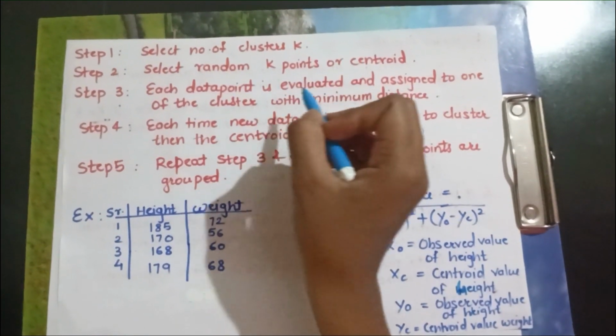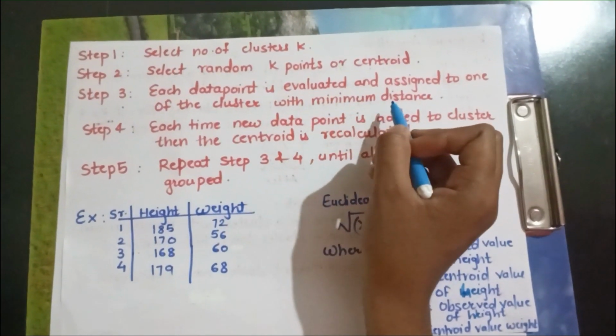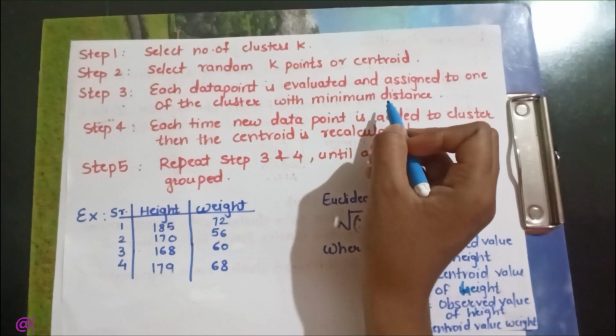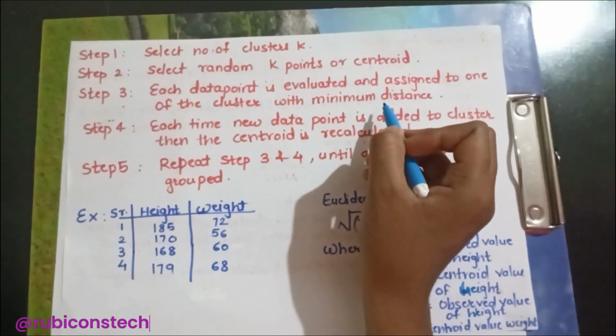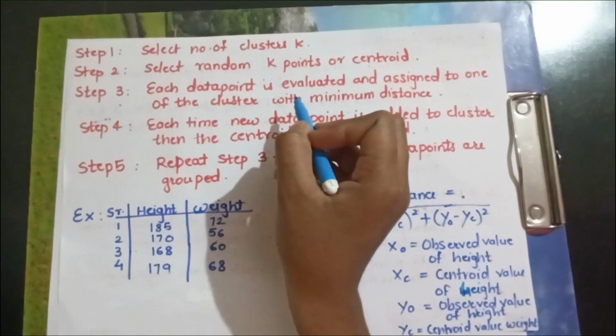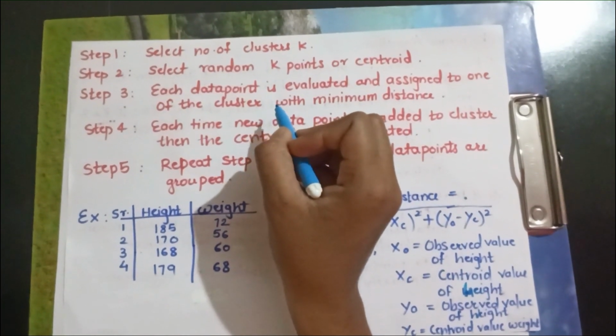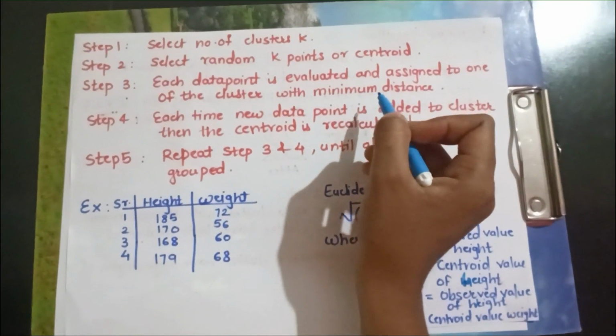Step 3, each data point is evaluated and assigned to one of the clusters with minimum distance. Different distance formulas or distance algorithms can be used to calculate the distance between the data point and the centroid. If the distance is minimum, then that data point will be allocated to that cluster.